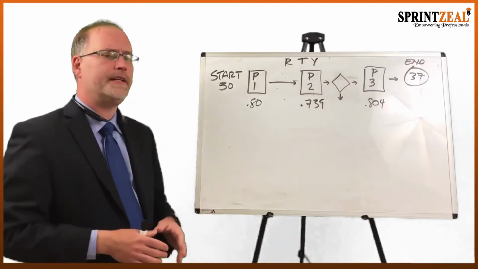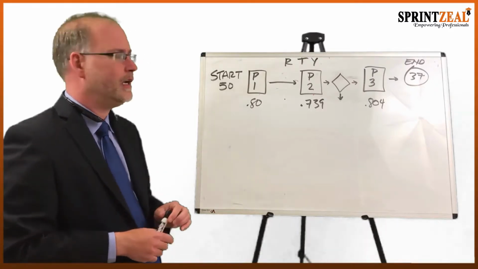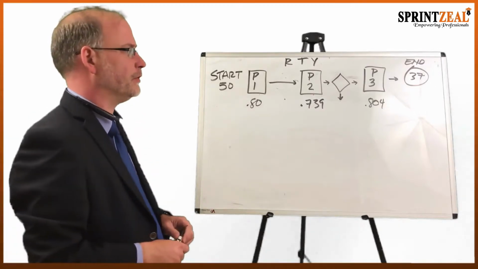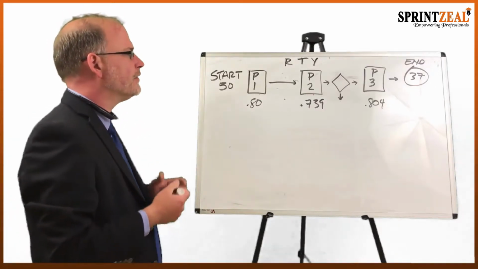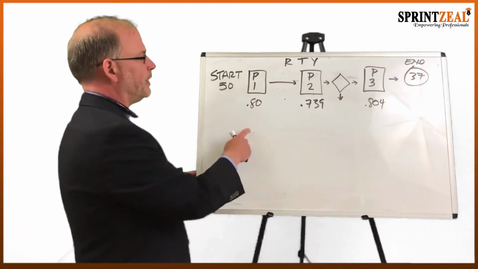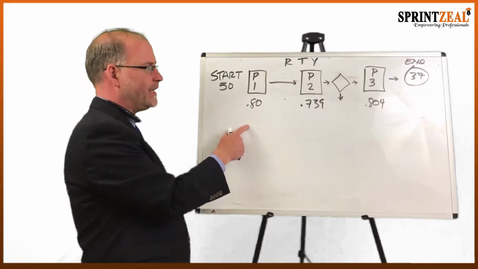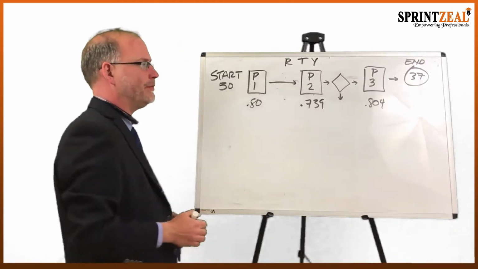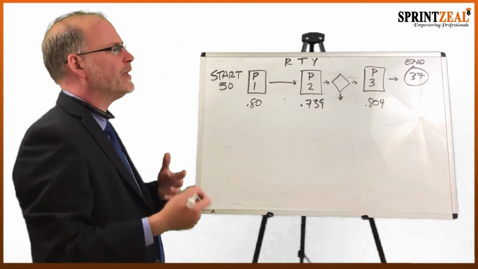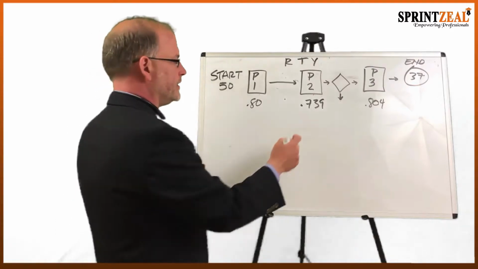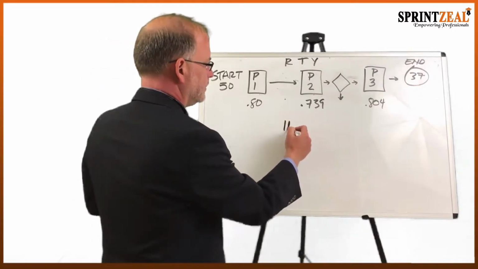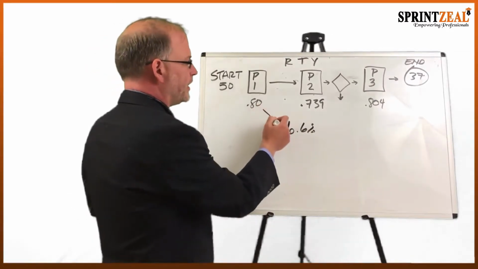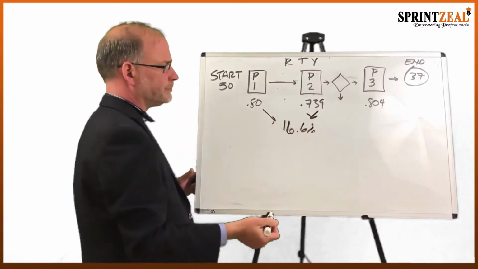So to calculate rolled throughput yield, we multiply the throughput yield of each individual process step. So the first thing that we do is we're going to multiply 0.80, which is 80%, to 0.739, or 73.9%. And when we calculate that out, we're going to get 16.6%. That is the product of both of these numbers.